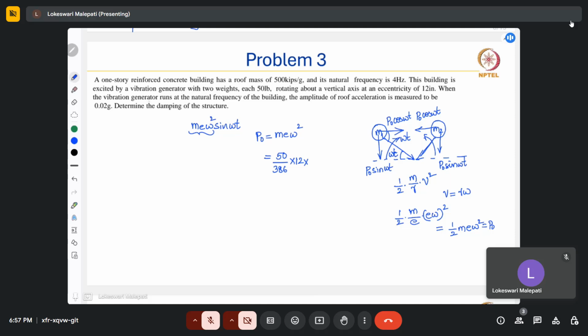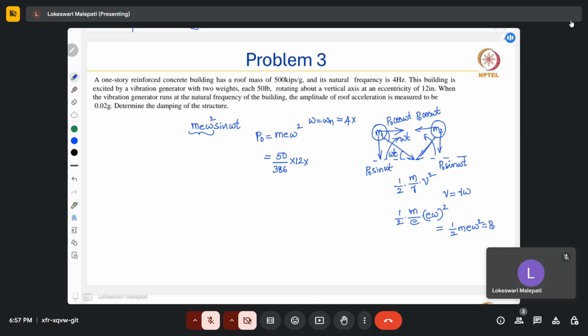When the vibration generator runs at the natural frequency, that means omega is equal to omega n, and omega n is given as 4 hertz. This is a cyclic frequency, not the angular frequency. So we need to convert this cyclic frequency, which is 4 cycles per second, into the angular frequency.